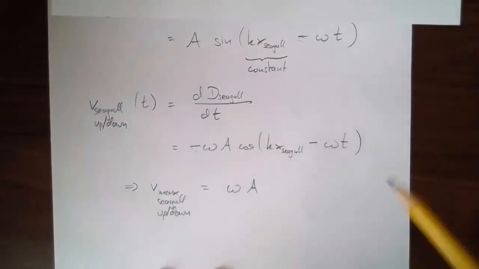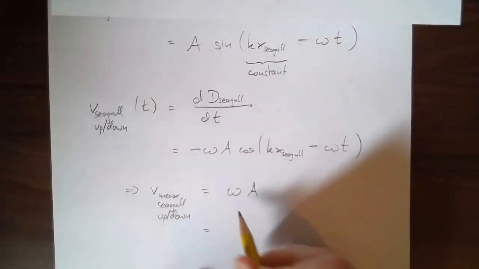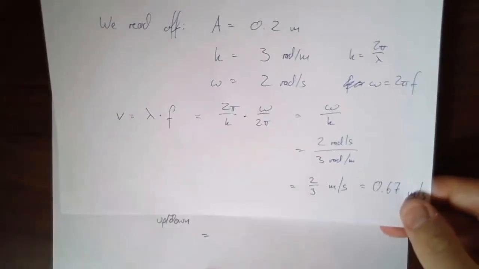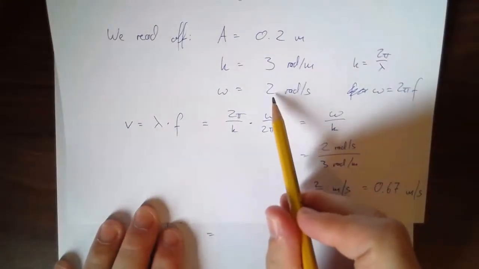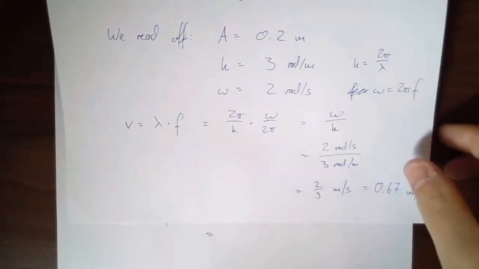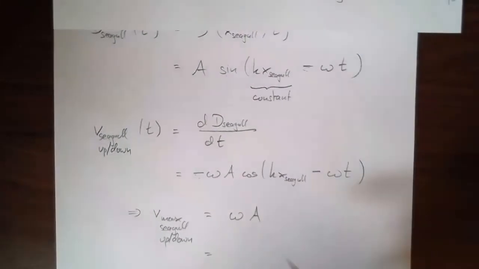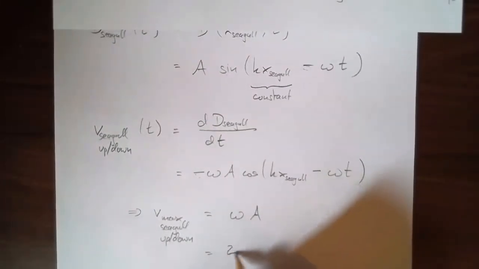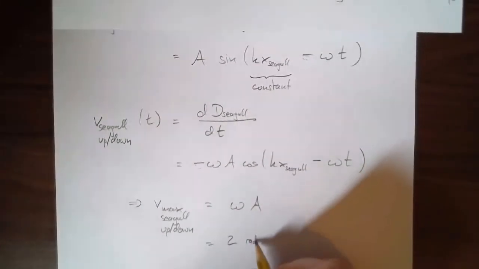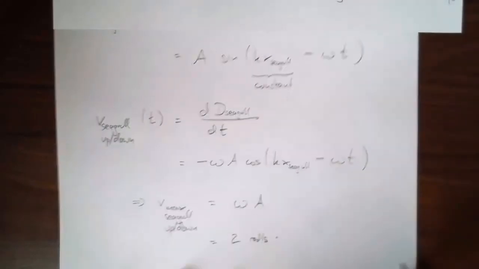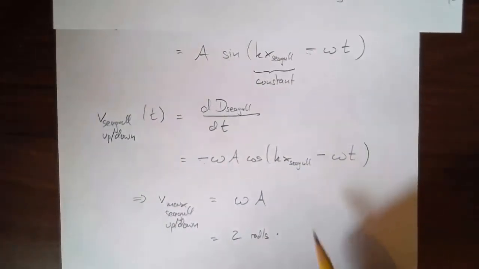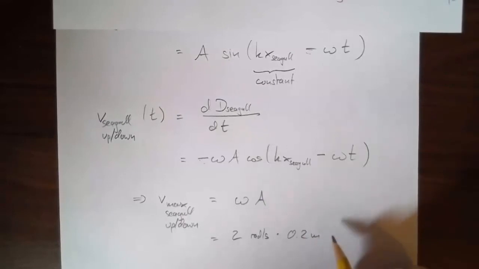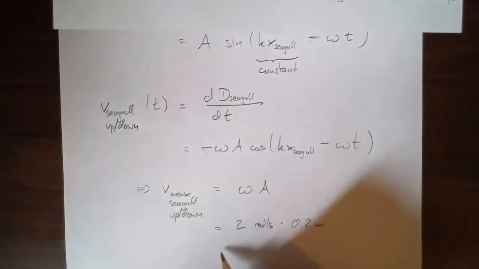Let's plug in the values. We had values, in our case omega, let's look back here, omega was given by 2 and a was 0.2. So this was 2 radians per second times 0.2 meters. Now, radian is not really a unit.